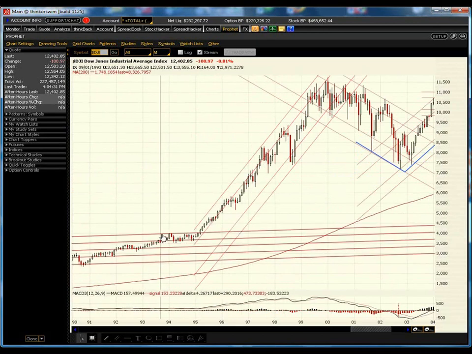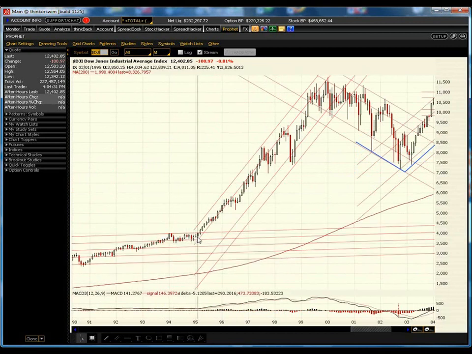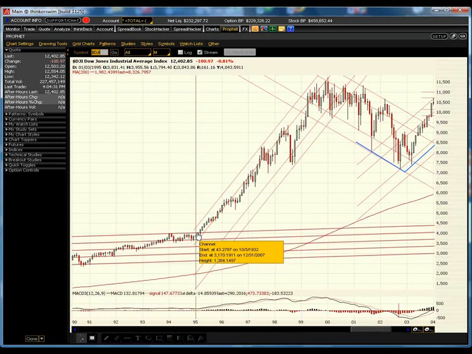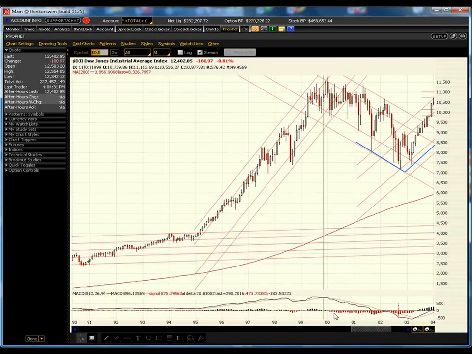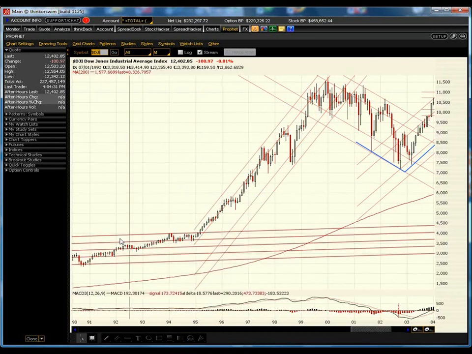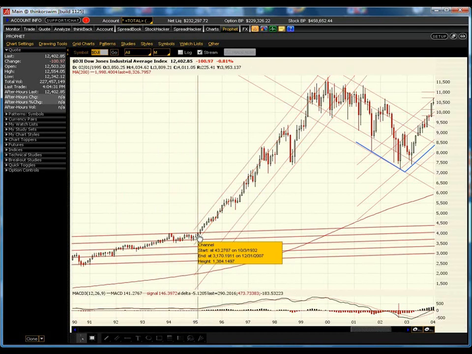We broke through this level here in which I have this channel. Now this channel goes all the way back to 1932. And then here, right in here, this date is February 1st, 1995. So you've got a channel here that went all the way back to 1932 that had not been broken, and it broke in 1995.